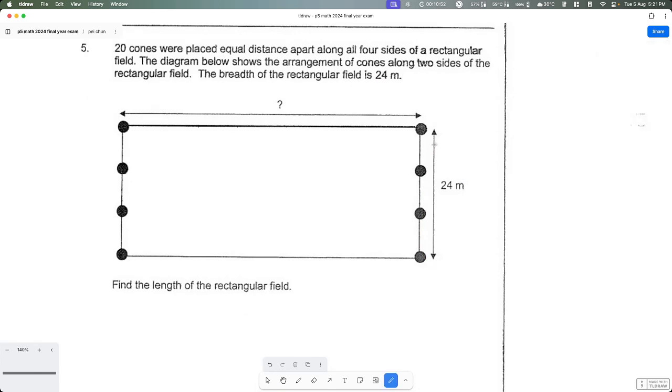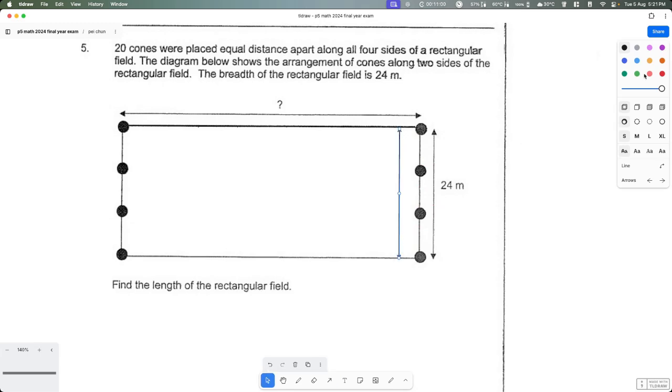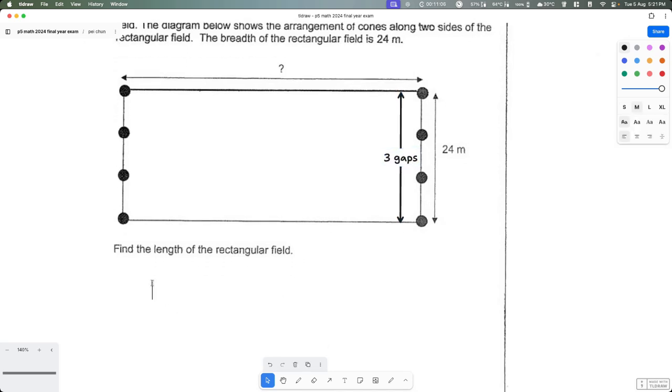So we know that there is one, two, and in this case, three gaps. In between, there are cones. This is three gaps. So since three gaps is equal to 24 meters, one gap is equal to 24 divided by 3, which gives us 8 meters.